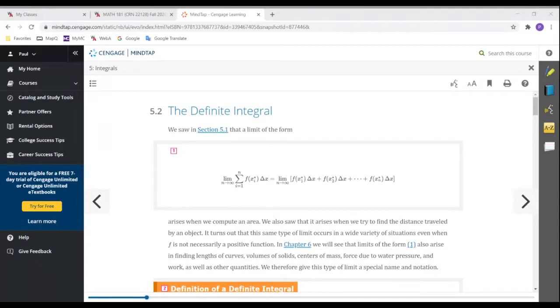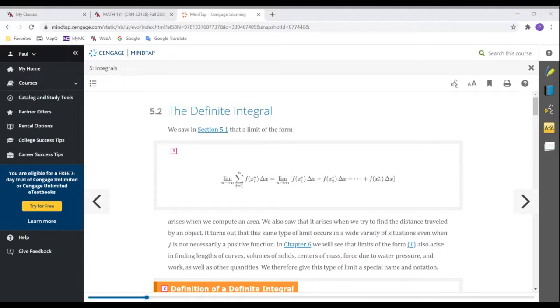Okay, so in chapter 5, we are studying how to compute the area between a function and the x-axis from limits x equals a to x equals b.